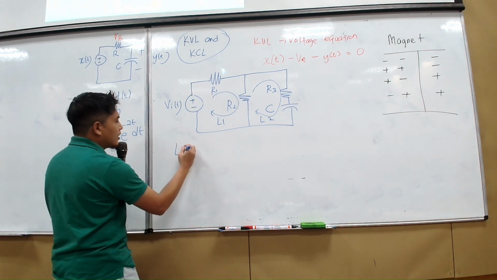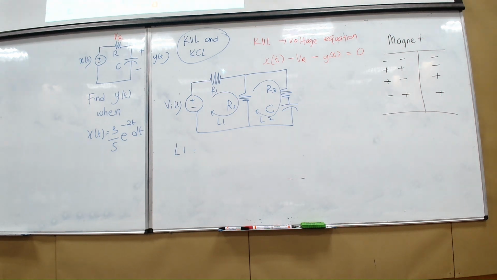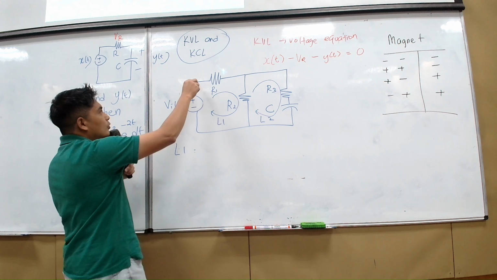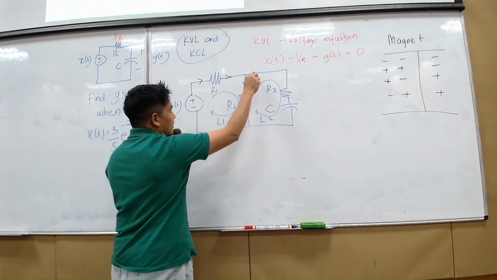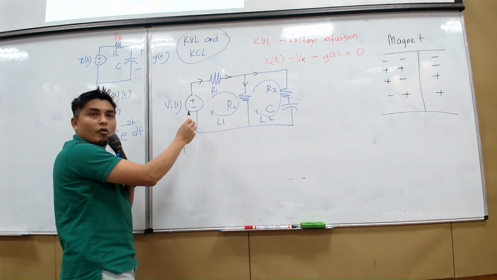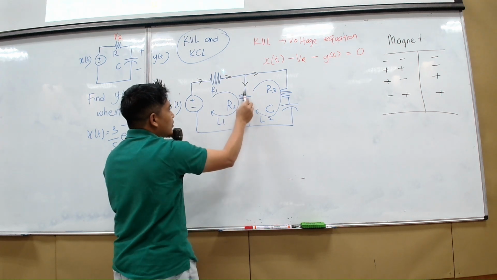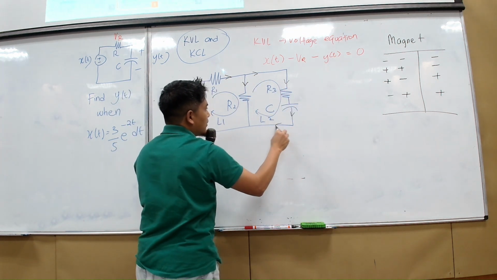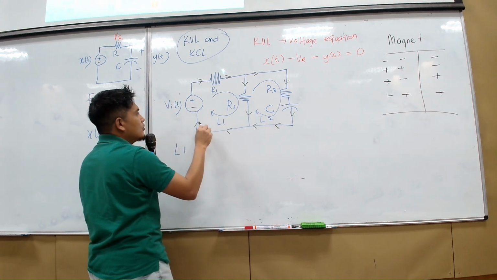So loop number 1, KVL. Remember the first thing you need to do is draw the current, because only this is the voltage source. So the current will flow here, and then will be divided into two, and then they will combine together until it returns to negative.